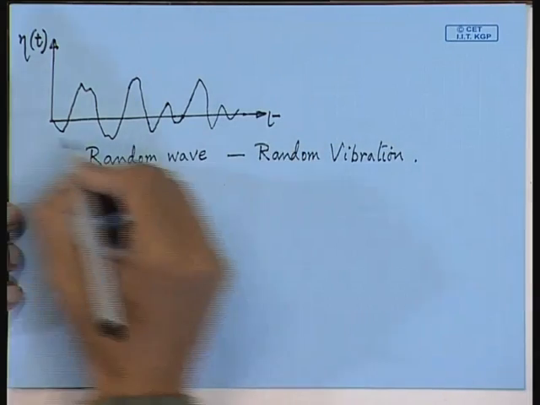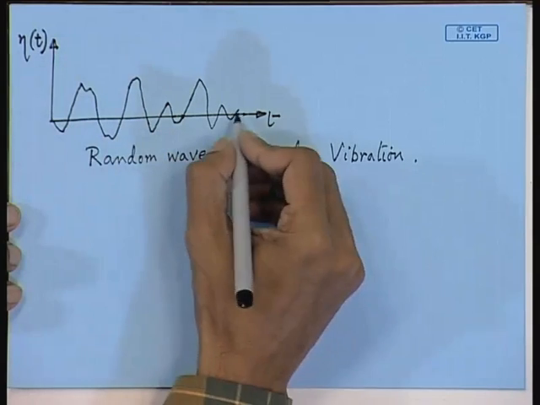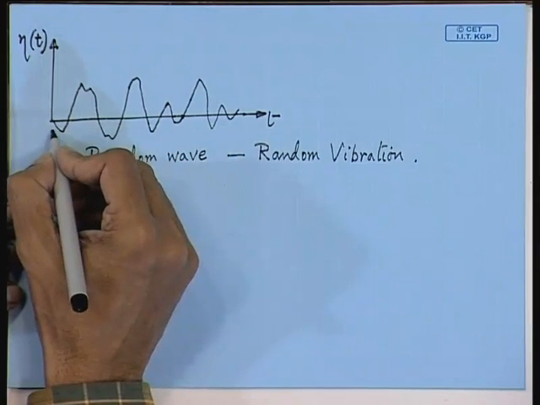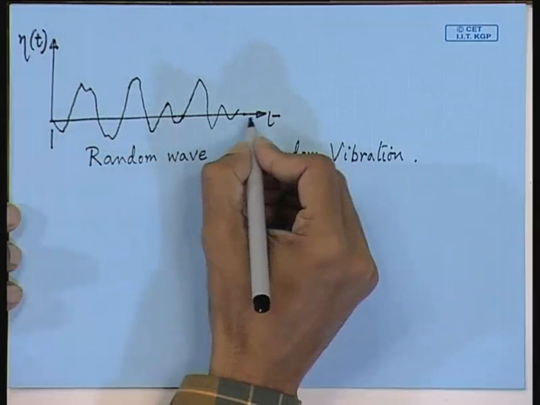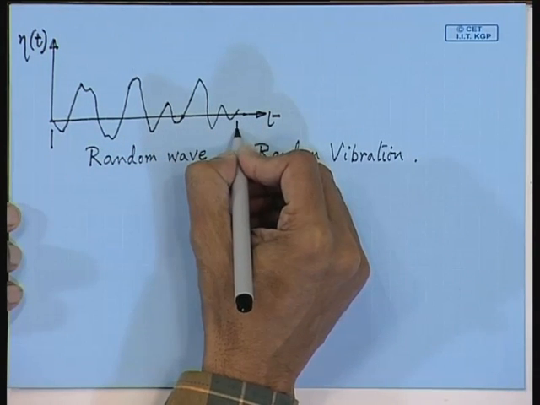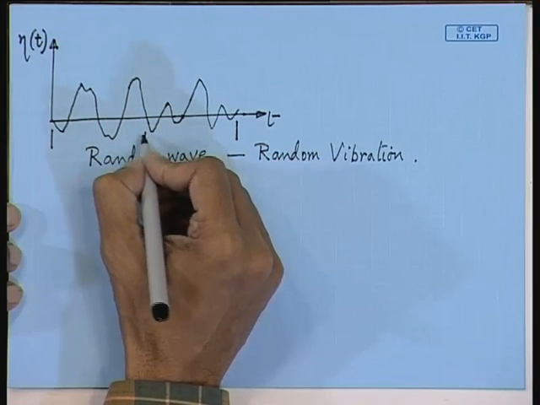Now the wave buoy is giving you the surface elevation for a certain duration of time. Say you call this d.